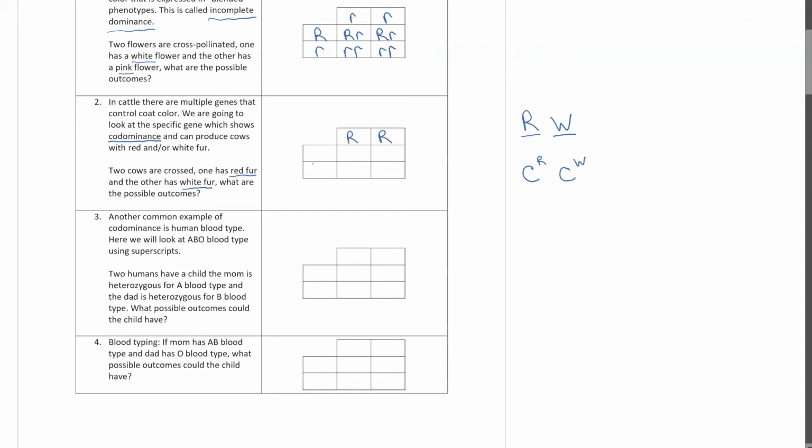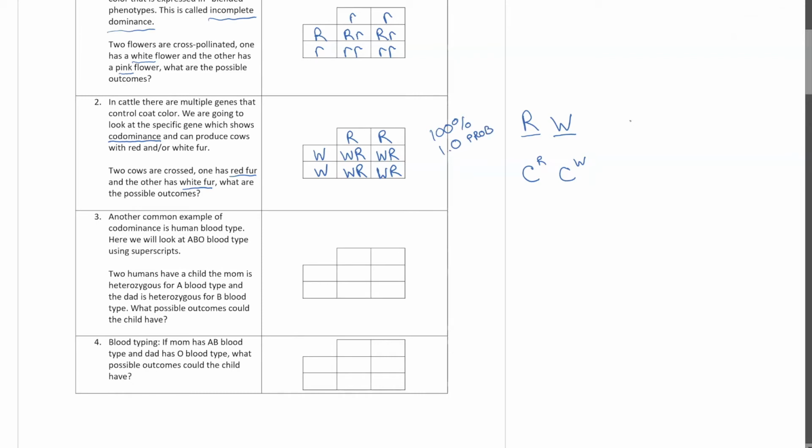You have RR, and capital W, capital W. When you do this cross, it doesn't really matter which letter goes in front. But you notice that you end up with RW cows, and it's 100% chance, 1.0 probability.